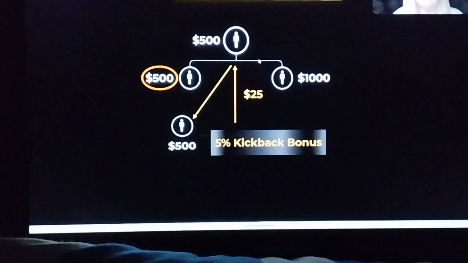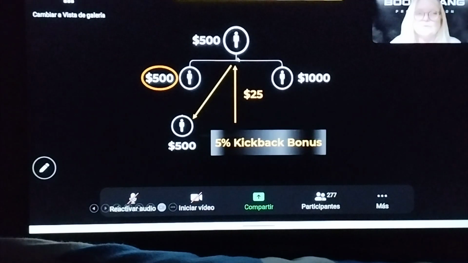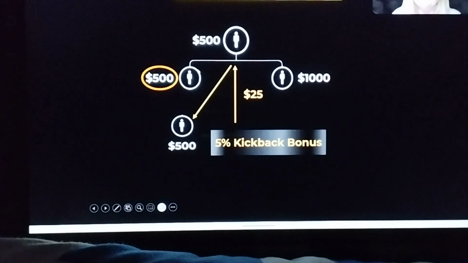So let's make a picture of what this looks like. You bought a package of 500, and you brought one person on your left with 500, and a second person on your right with 1,000, and then you got a third person.